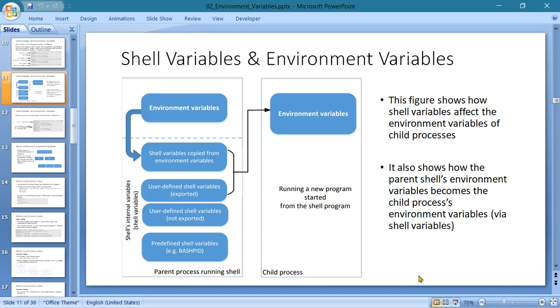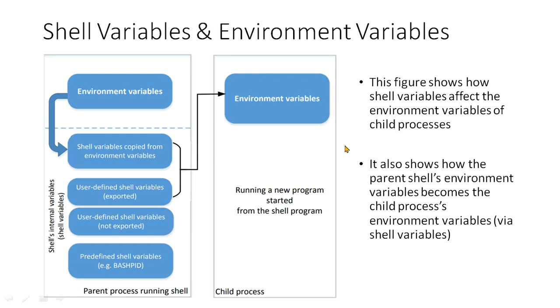Okay, then I should repeat it quickly, and then we do the experiment for real. So when we run a process, the environment variables are managed by the operating system. So when we run a process, we don't have direct access to the environment variables, but the environment variables are copied to another set.